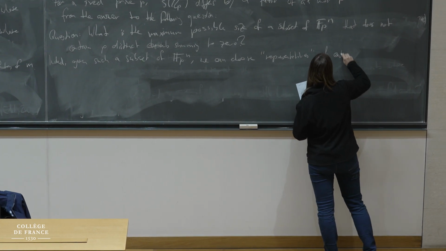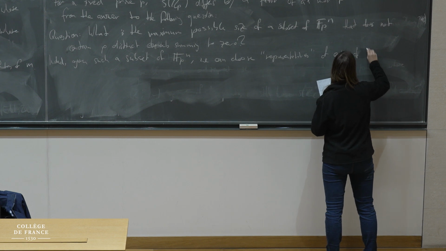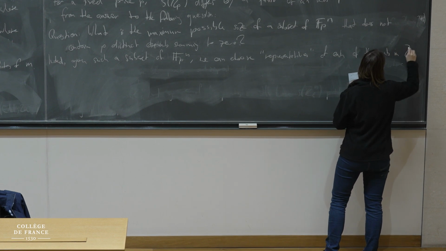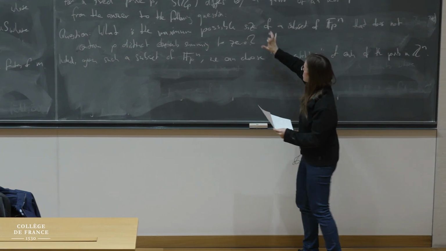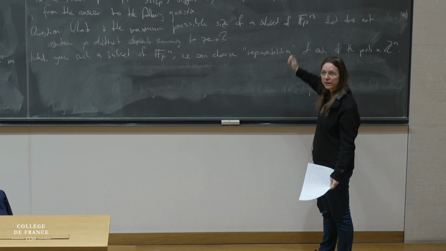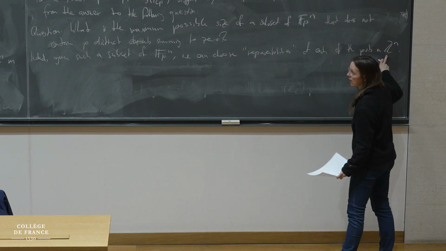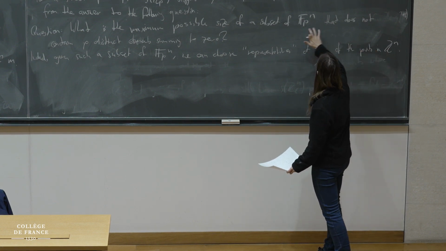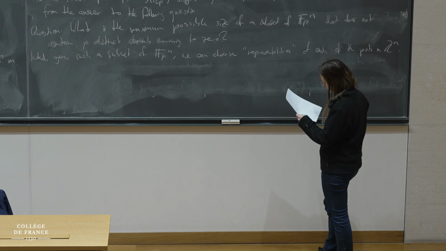For each of these points in Fp to the n, we just pick a point in Z to the n whose coordinate residues correspond to the given point in Fp to the n.